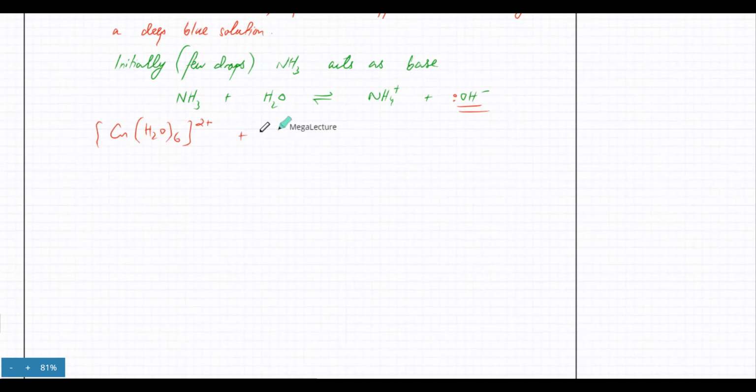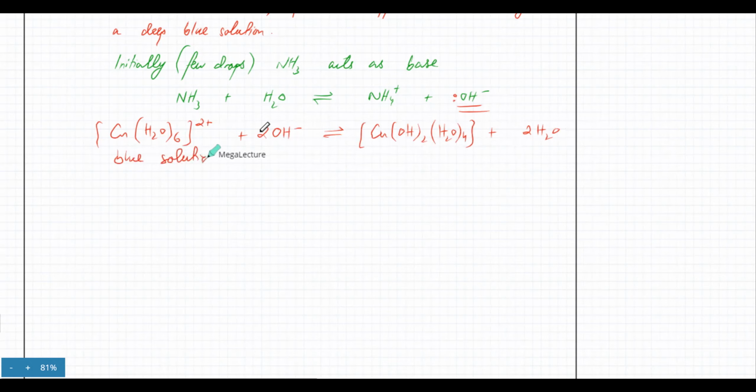And instead of NH3 having any role, the OH ions are going to come in and they're going to displace the water molecules, forming the pale blue precipitate of copper hydroxide with 4 water molecules, and the 2 water molecules are going to get substituted, and we can balance this equation. So the blue solution results in the formation of a pale blue precipitate.